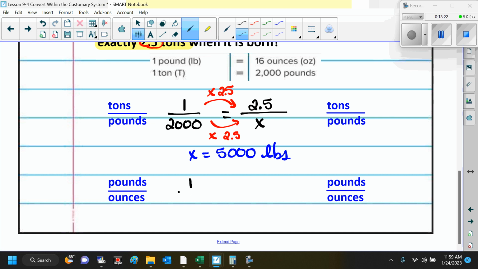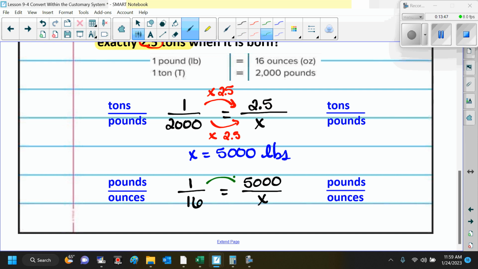So that's going to be 1 to 16. Everyone with me? Now, where does that 5,000 pounds go? In the numerator or the denominator? Pounds goes in the numerator. So this is going to be 5,000 up here, and then we're going to solve for x down there.